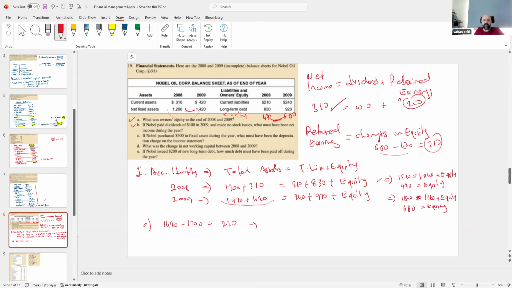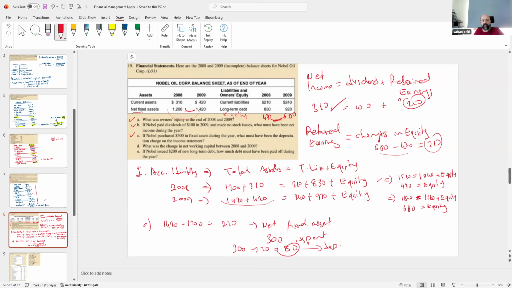And this is, as you see, net fixed asset. But how much was spent? 300 is spent. So the difference, 300 minus 220, which is 80, this is the depreciation.